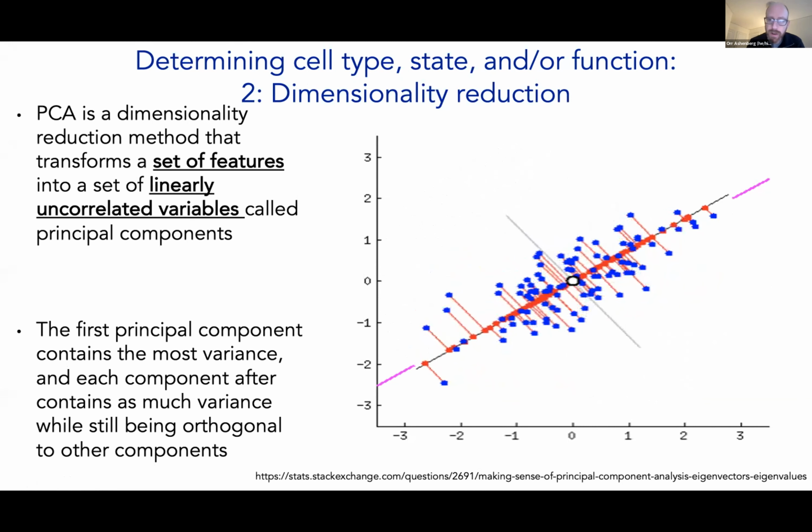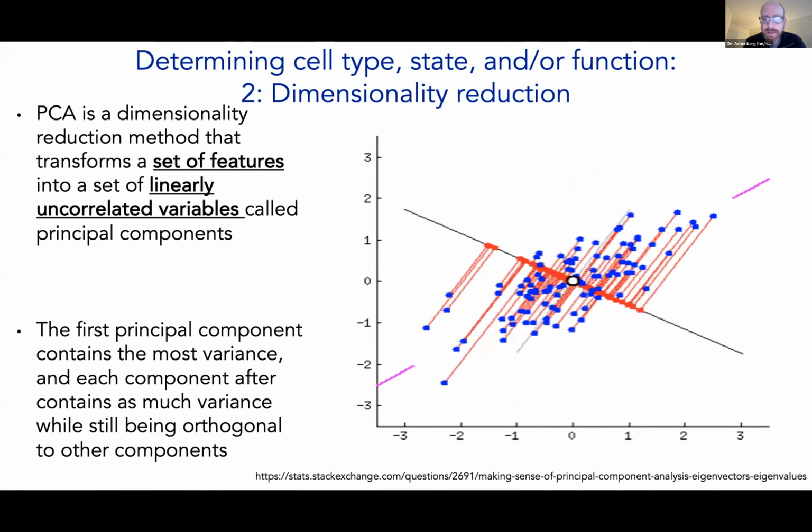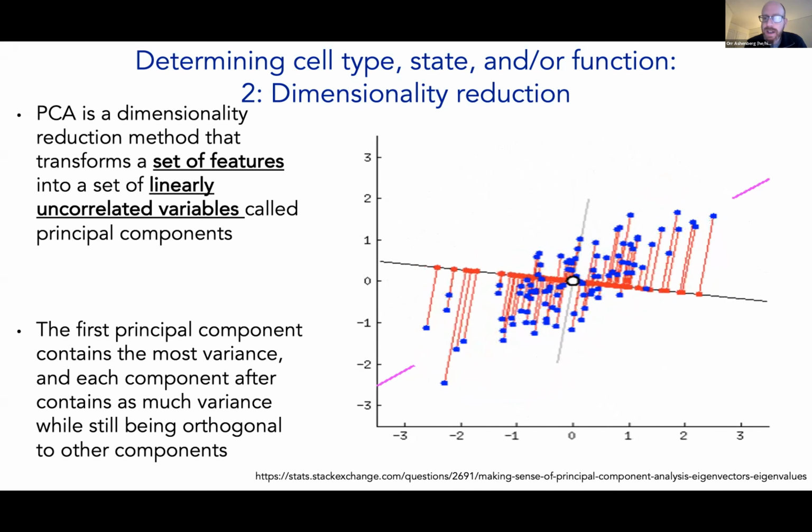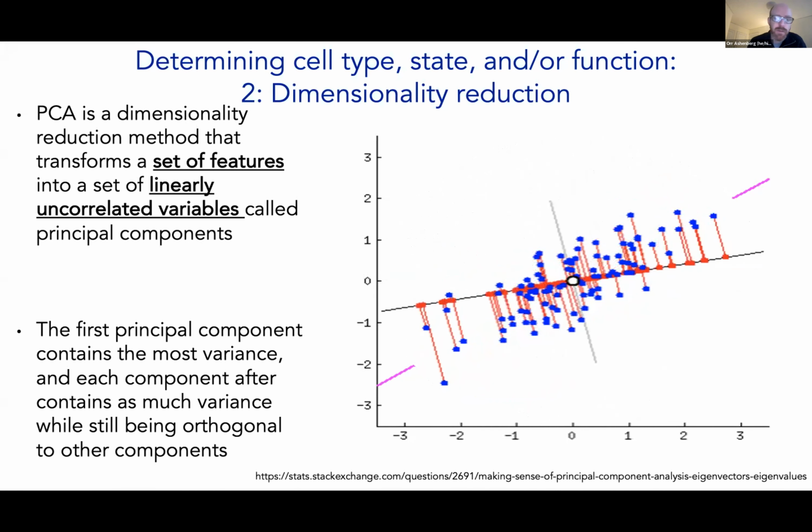Then the second principal component explains the second highest amount of variance, and the third explains the third highest, and so forth. So each principal component explains less and less of the variance in your data. And ideally, intuitively, you would think, let's try to explain as much of the variance as possible and not lose any of the variation, which links to the biology we care about. So that's the correct intuition.